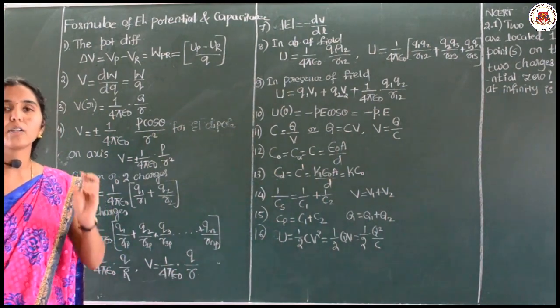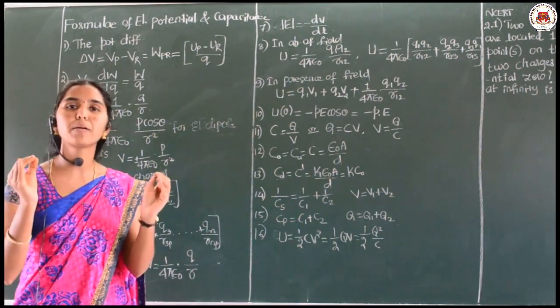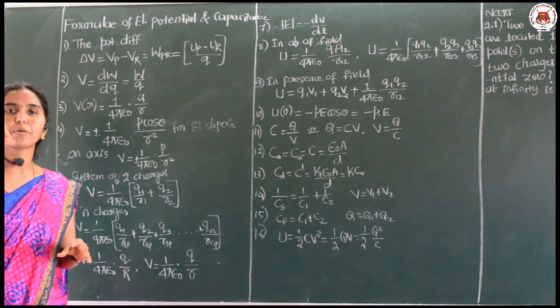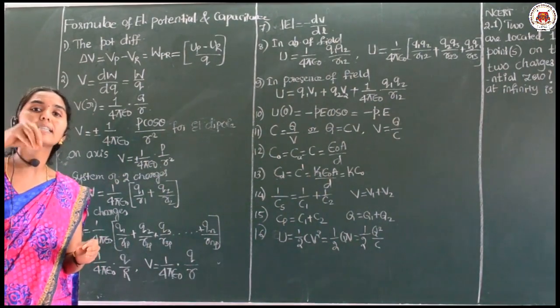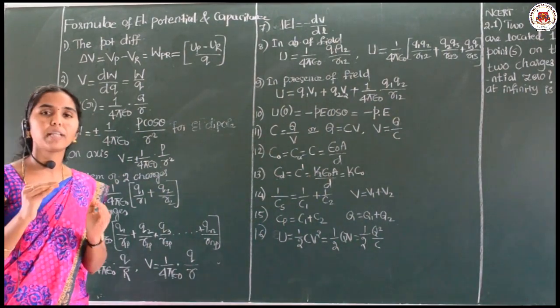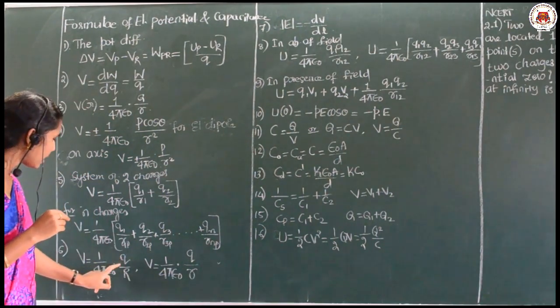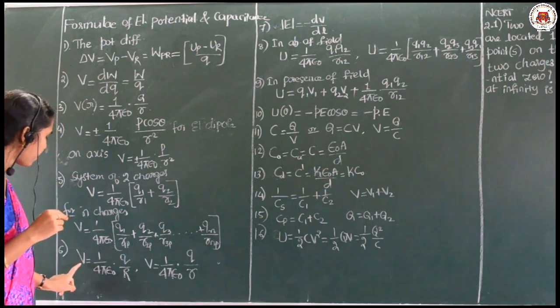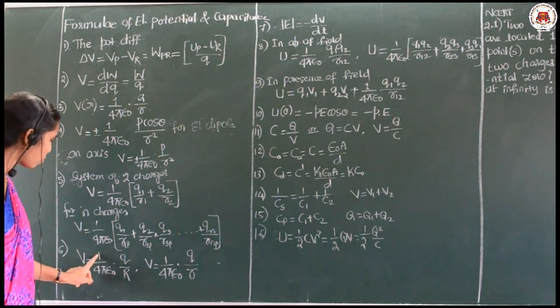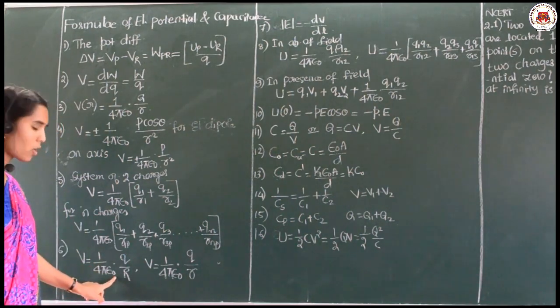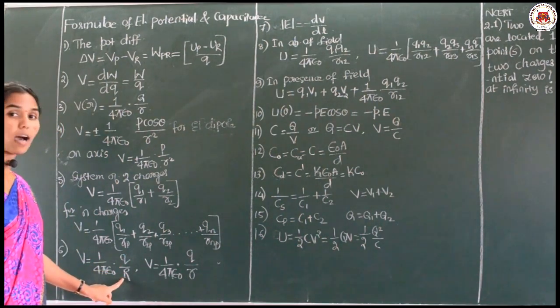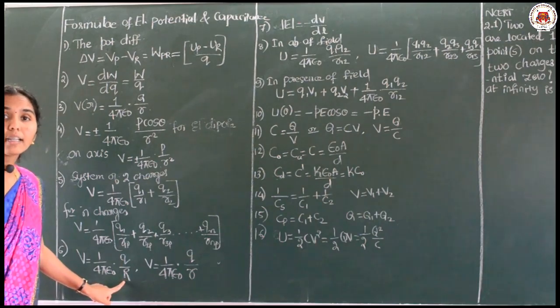And moving to the next, if there is a uniformly charged spherical shell, what is the potential on and inside the surface of the shell? On and inside the shell, remember the potential V is equal to 1 upon 4 pi epsilon naught Q upon R. What is R here?